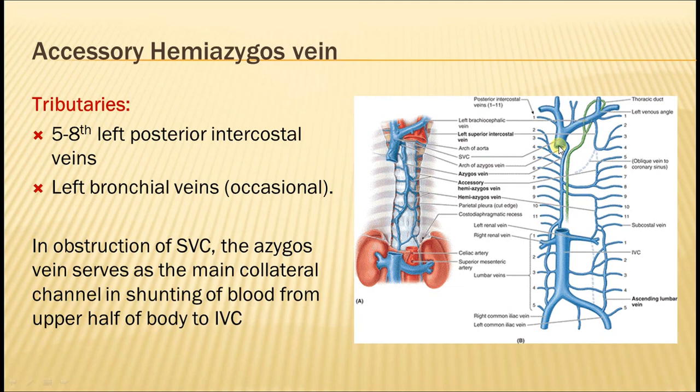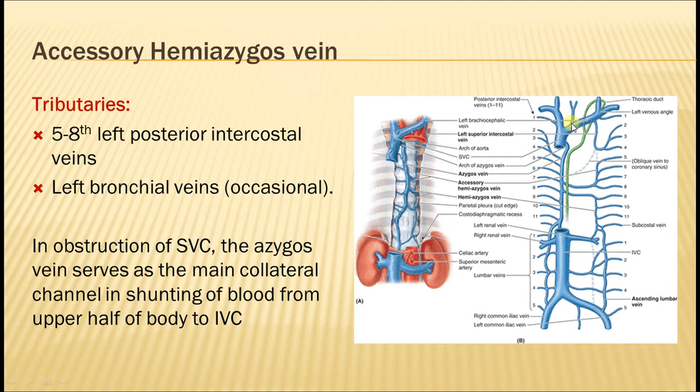That means blood cannot reach the right atrium from the superior vena cava. Then naturally blood from the brachiocephalic veins will drain via the internal thoracic vein, which again drains into the brachiocephalic vein.